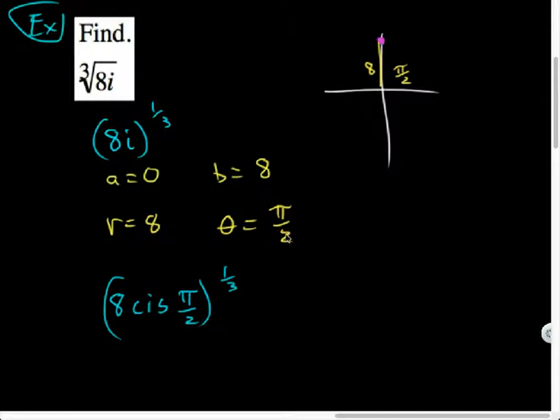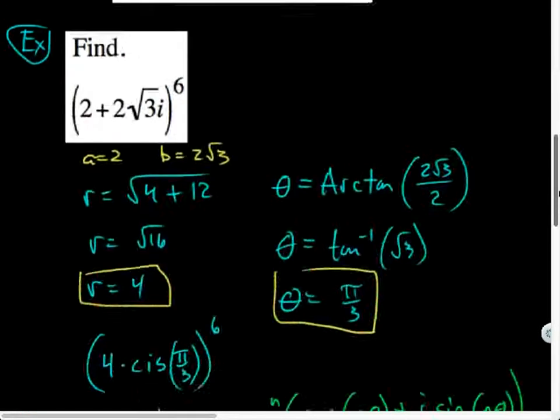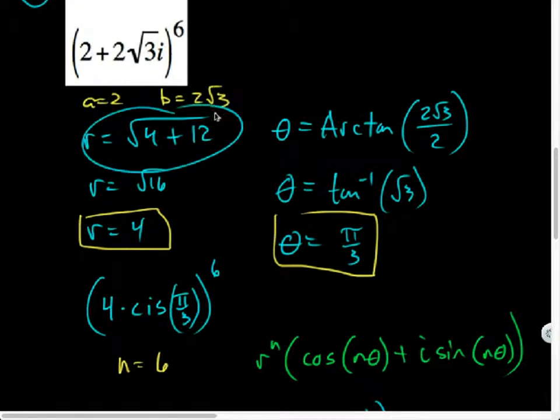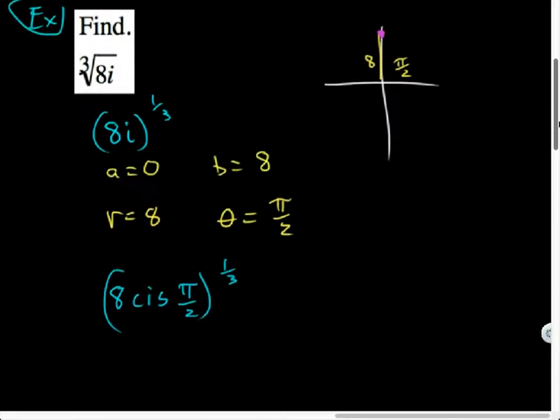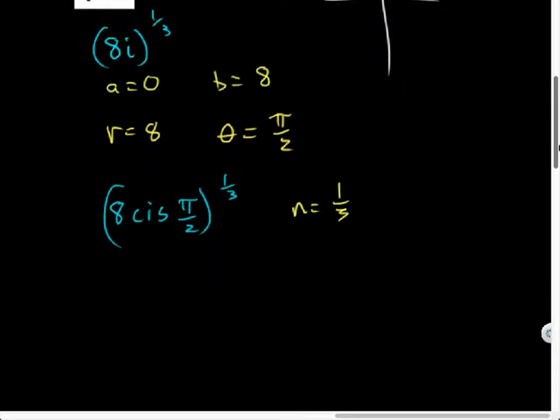Okay, how else do you find our theta? This way. Okay, yeah. And so now I can De Moivre this. What's the value of n? 1/3. So let's just plug it in there.